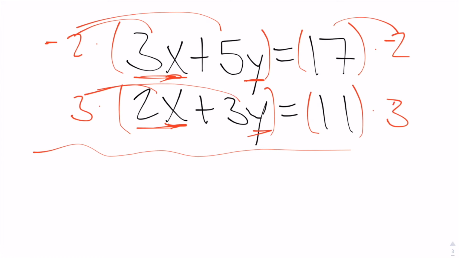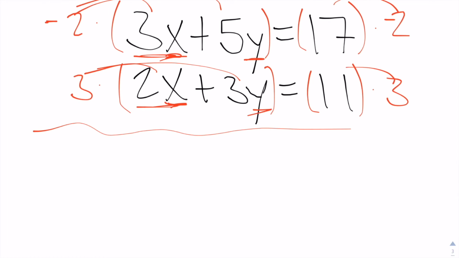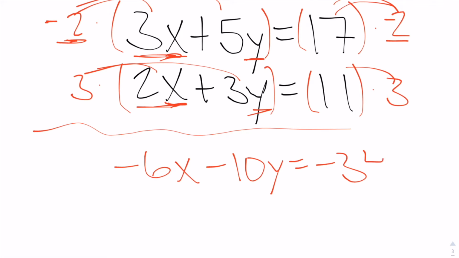Distribute. And let's rewrite these as -2 times 3 is -6x, -2 times 5, -10y equals negative 2 times 17 is negative 34.